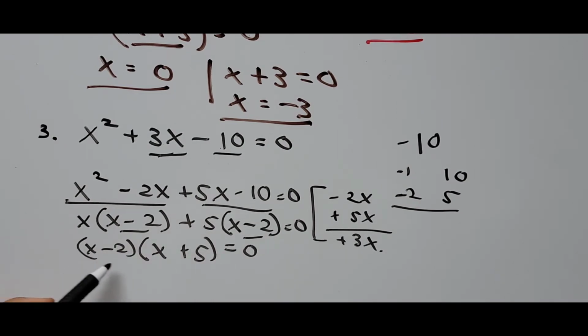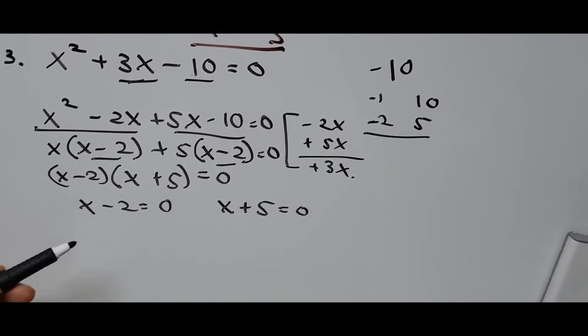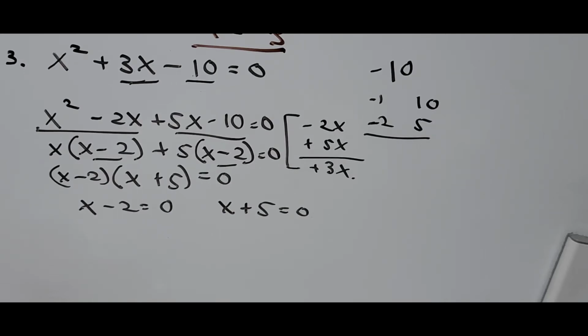And we have these two factors equated to 0. That is x minus 2 equals to 0. And the other one here, x plus 5 equals to 0. And normally, quadratic equations yield two values of x. But if the quadratic equation is a result of factoring binomials, it will be just one result, one answer.